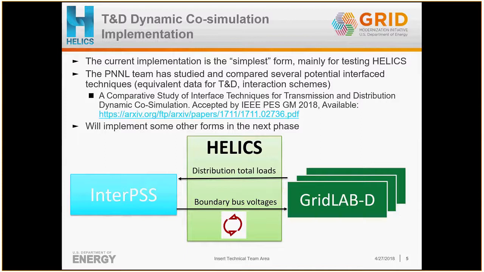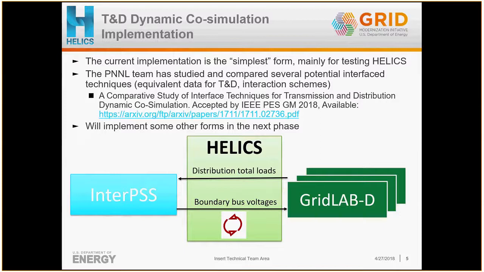At this stage this is mainly for testing HELICS. The PNNL team has been studying and comparing several potential interface techniques, including different forms of equivalent data for TND co-simulation, as well as different interaction schemes, which has been covered by Surik in his previous discussion.